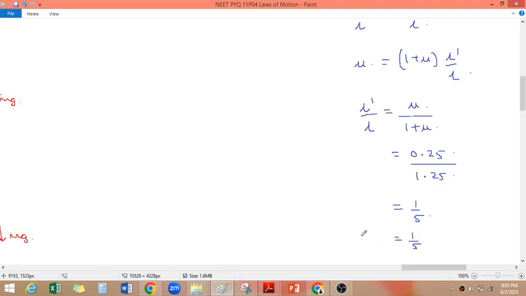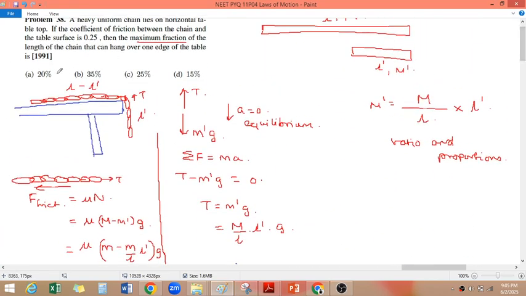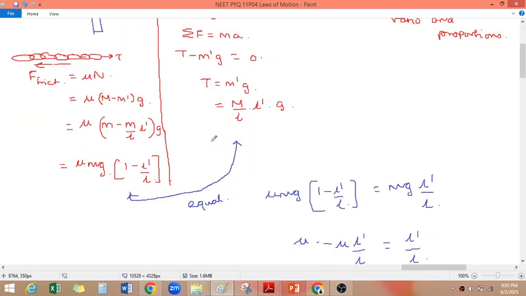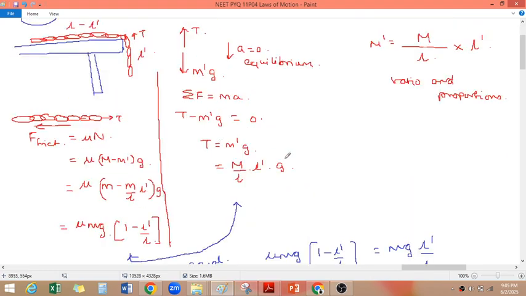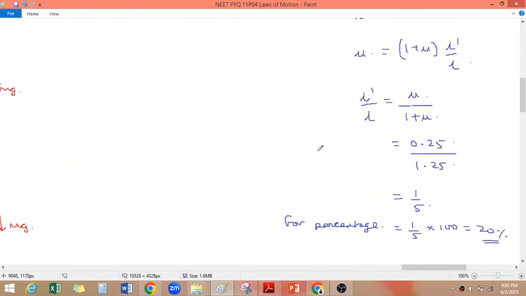If I multiply by 100 for percentage, it will become 20%. So 20% is your answer. If you understand the method and the logic involved, it's a very easy problem. Otherwise, it's a very difficult problem.